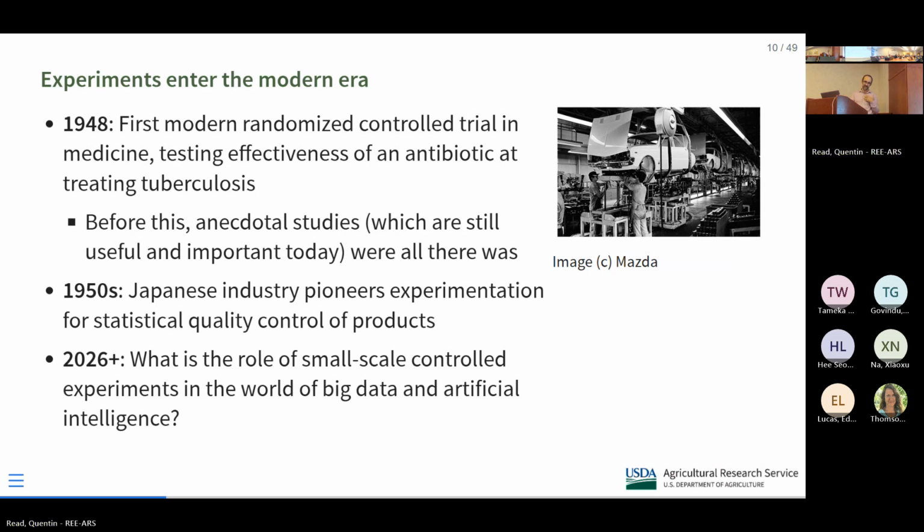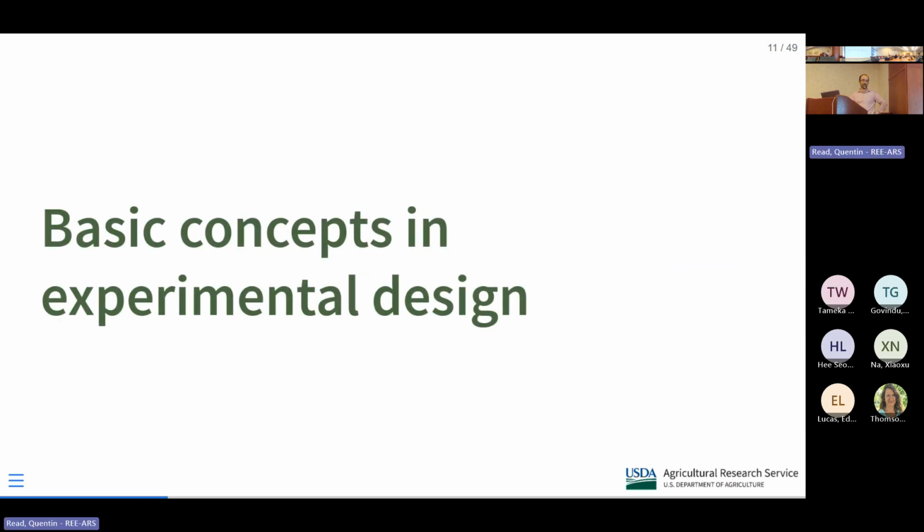Well, I think it's still a complementary approach that can be important, because it's still the standard for learning about what causes things in the world. No matter how much big data you have, you still don't have that control unless you do an experiment. Okay, so that was the history of experiments, at least a very, very short version.